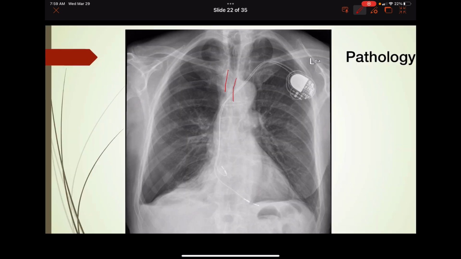So trachea coming down here, looks like the carina is right about there. And I don't see anything in the trachea. B for bones. Start on the patient's right here. I don't see any fractures. Patient's left.